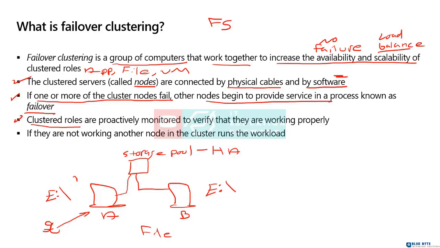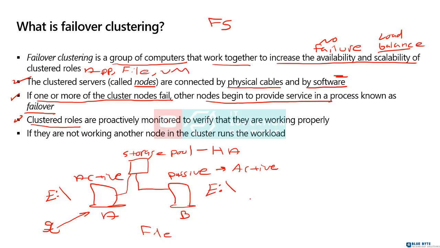So let's say this is the active server, meaning it's processing all your requests. The other server right now is passive, which means it is not processing any requests. It is simply listening to server A. If server A goes offline for any reason, this will flip from passive to active and immediately start servicing your clients.